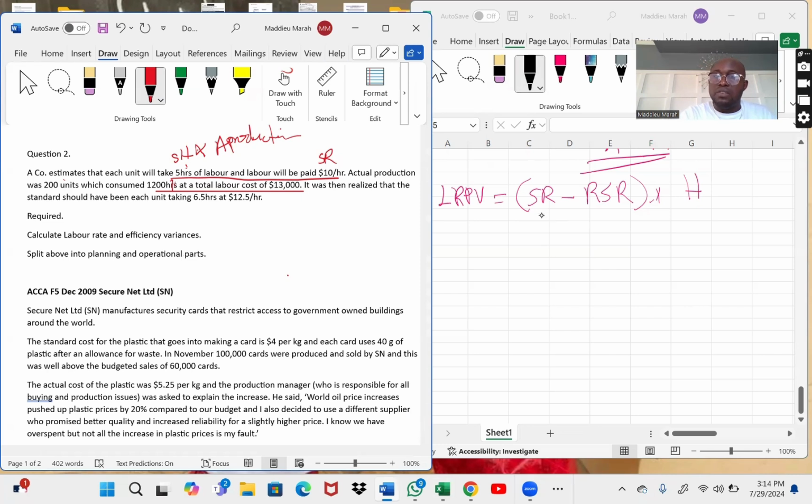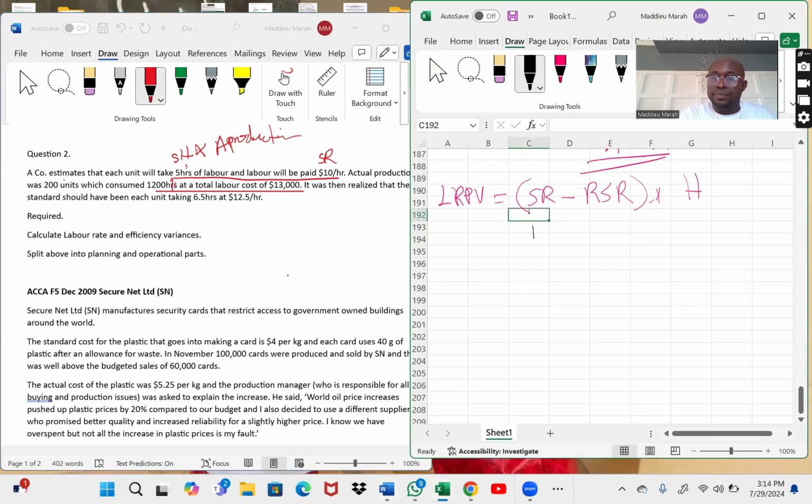So our standard rate is 10 minus our revised standard rate of 12.5, multiplied by our revised hour, which we have to calculate now: 6.5 hours at actual production of 200. 6.5 times 200 gives 1,300.